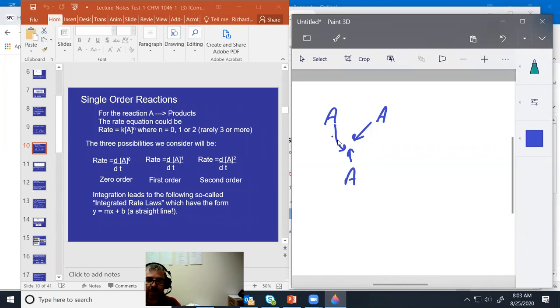So the order can be construed as being the number of molecules involved in the slow step. And if there's only one step, then that's what we're talking about, 3 molecules of A joining together simultaneously. So that's not really a very possible thing. So that's why we don't deal with that particular order very much for third order. We're only going to focus on 0, first, and second order as our examples here.